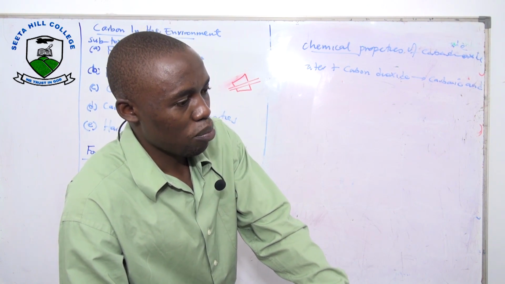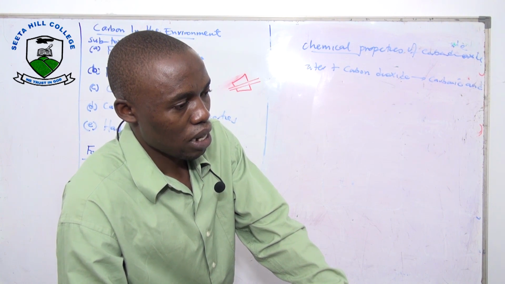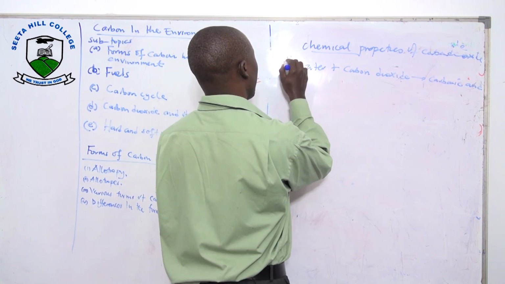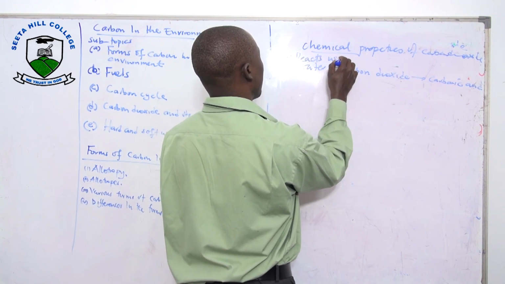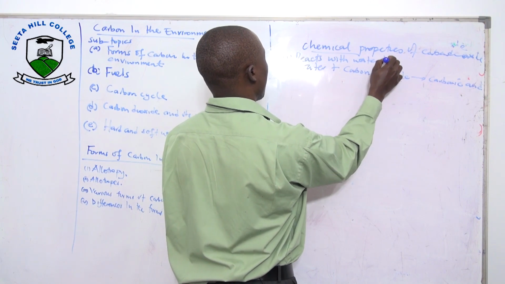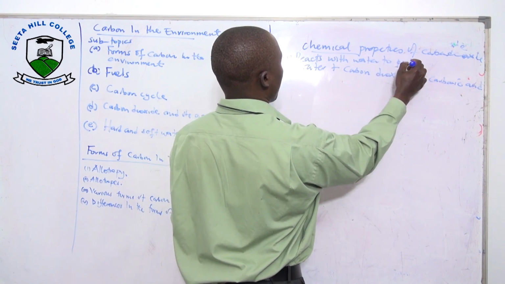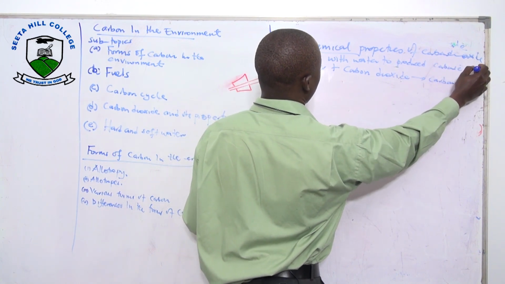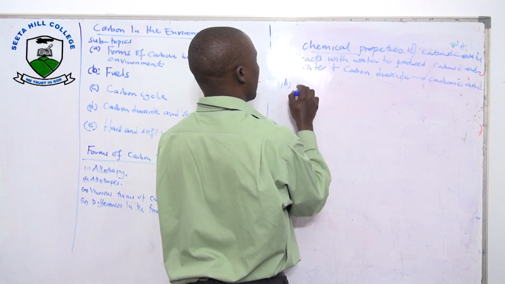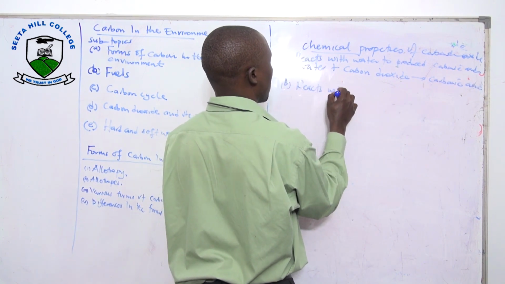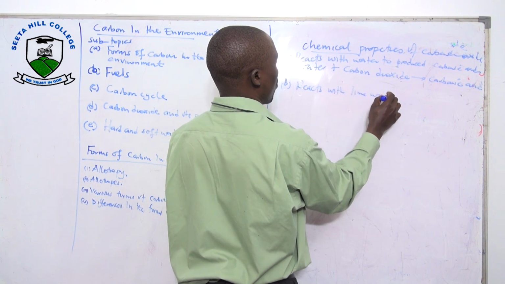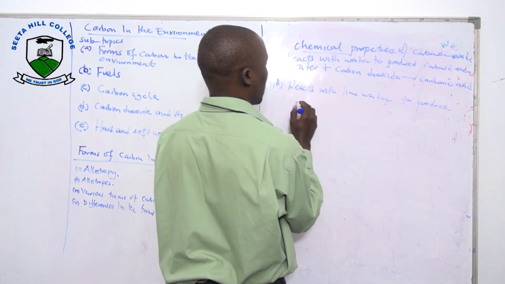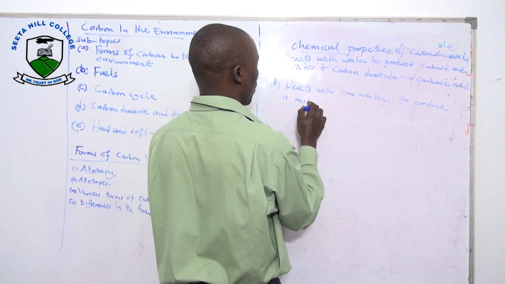Does it react with lime water? Yes. Now lime water is Kalisha, the other chemical name. It reacts with water to produce carbonic acid. Then it reacts with lime water to produce a milky solution.